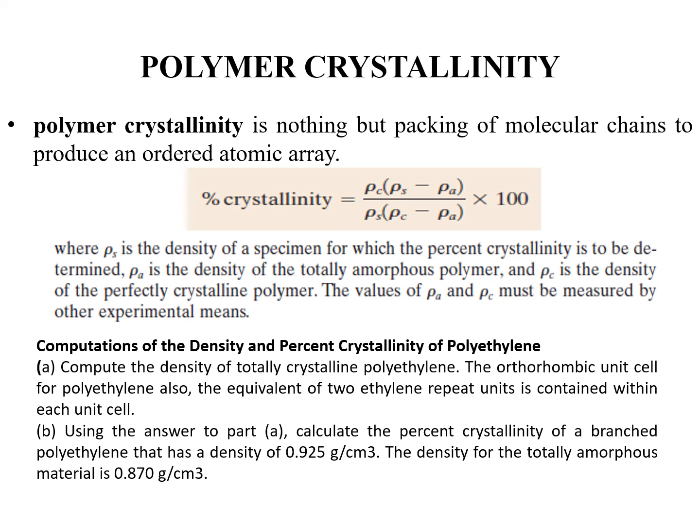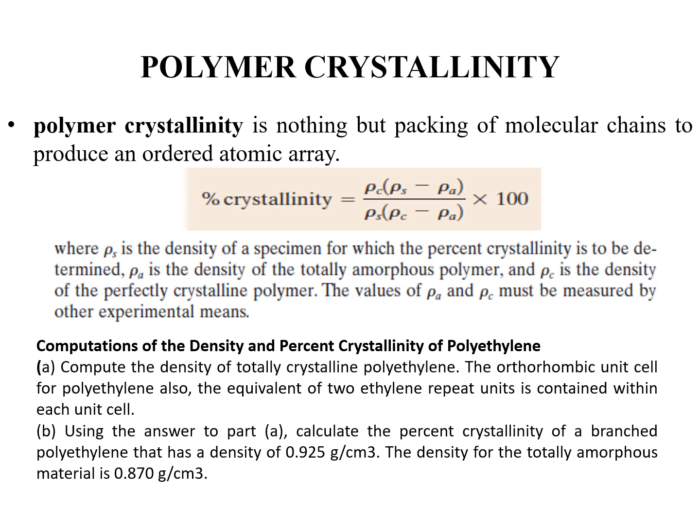Okay, now this is how the polymer crystallinity is measured in a material. Polymer crystallinity is nothing but the packing of molecular chains to produce an ordered atomic array. This can be measured by this formula, where rho s is the density of a specimen for which the percent crystallinity has to be determined.